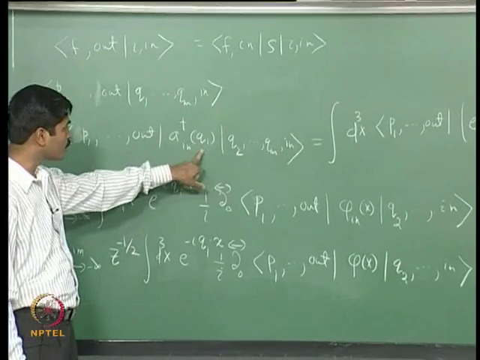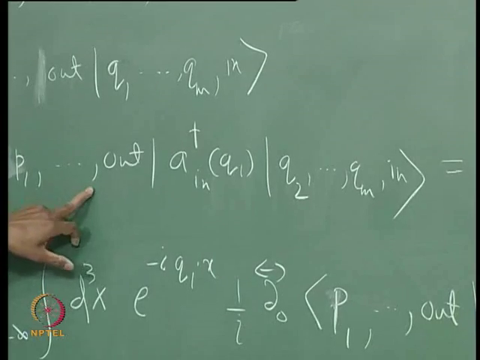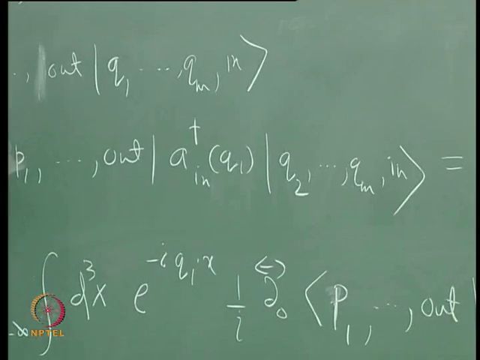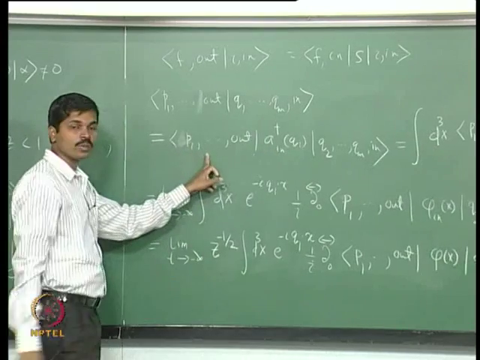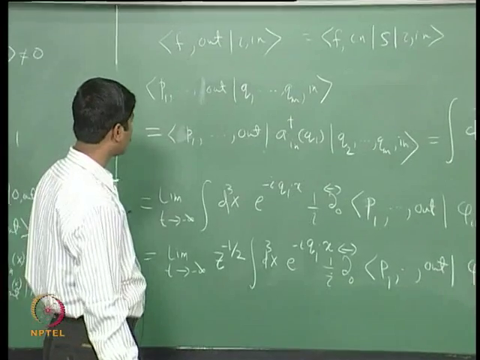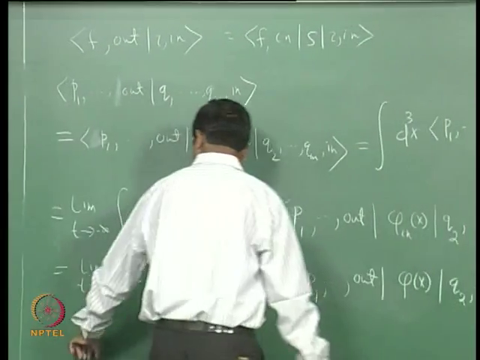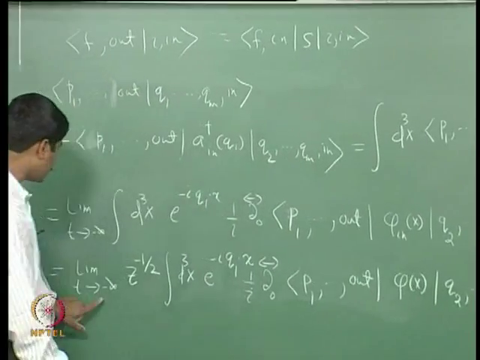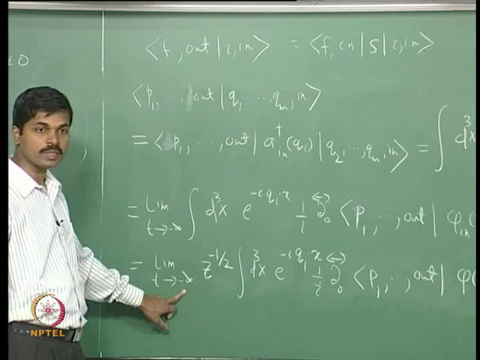So, this a out dagger q1 will act on this state and then it will annihilate one state. But that is the quantity which is taken in the limit t goes to plus infinity.